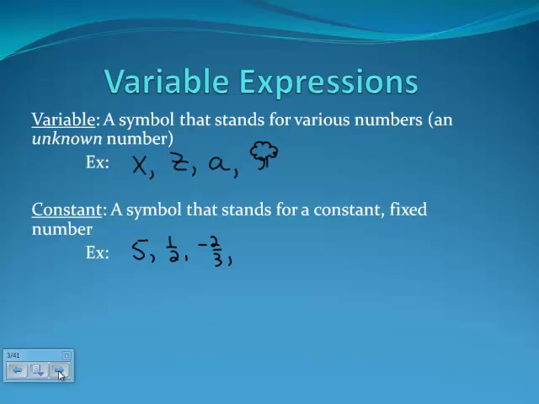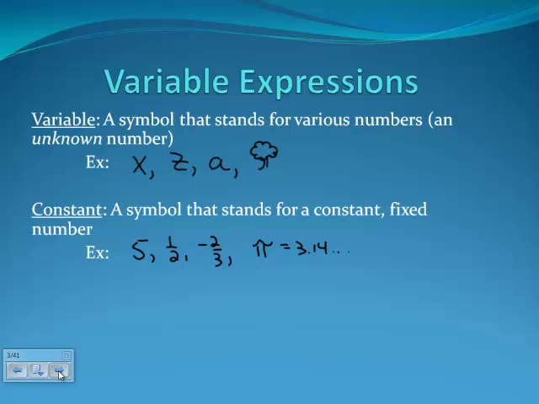And there are also constants that have symbols that aren't numbers. Again, probably the one that you might be most familiar with from math would be the symbol pi, which is used a lot in geometry. Pi stands for an irrational number that is a non-repeating, non-terminating decimal.